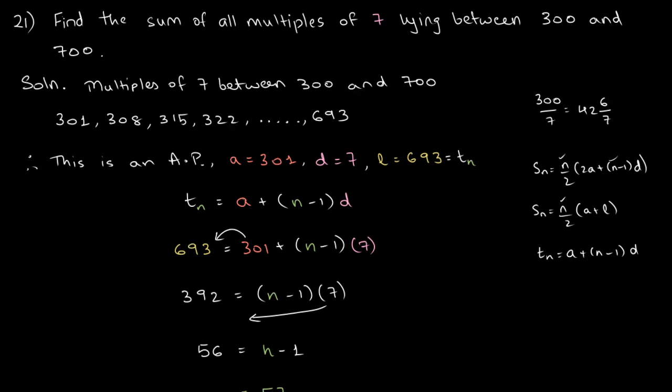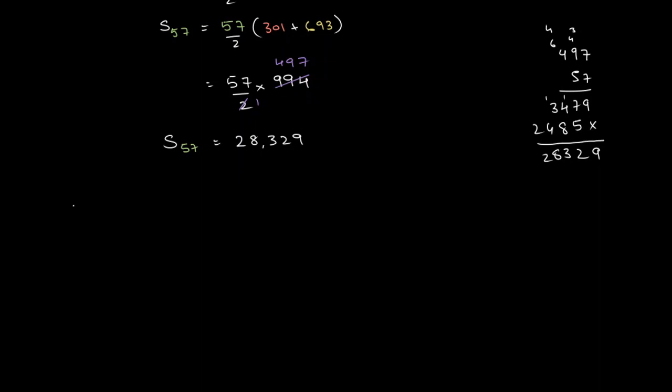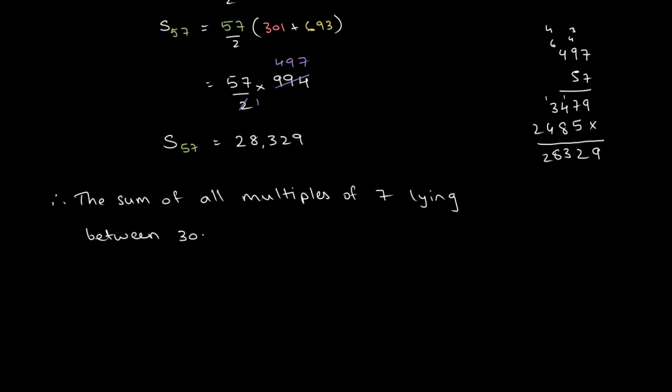If I write it in a statement, the sum of all multiples of 7 lying between 300 and 700 is 28,329.